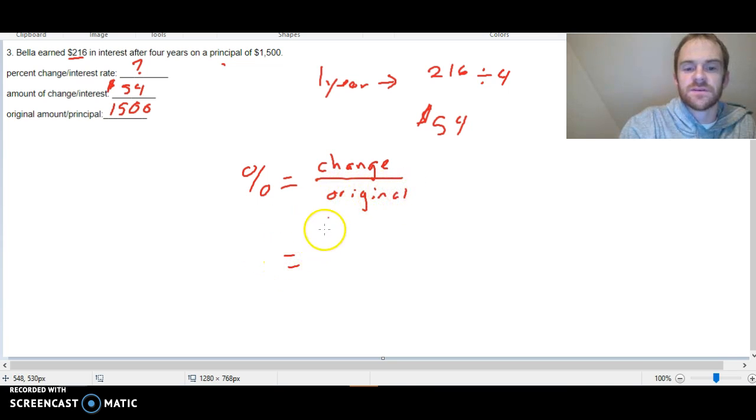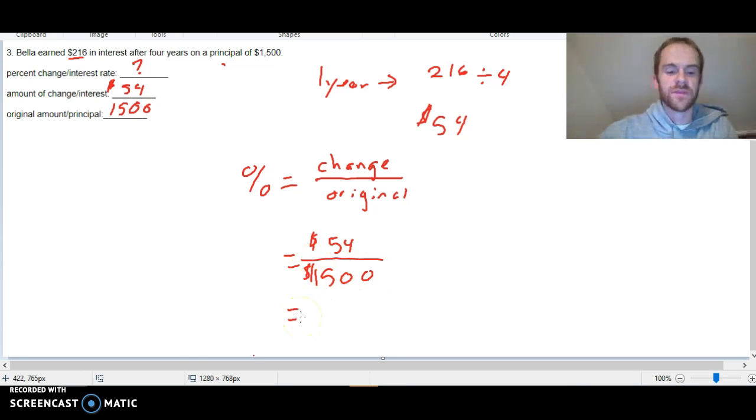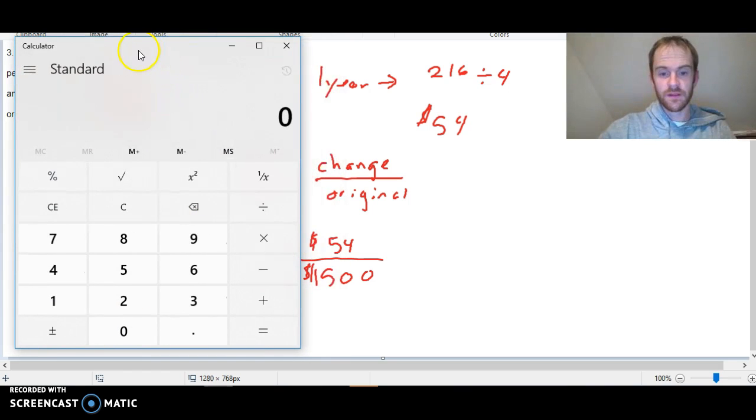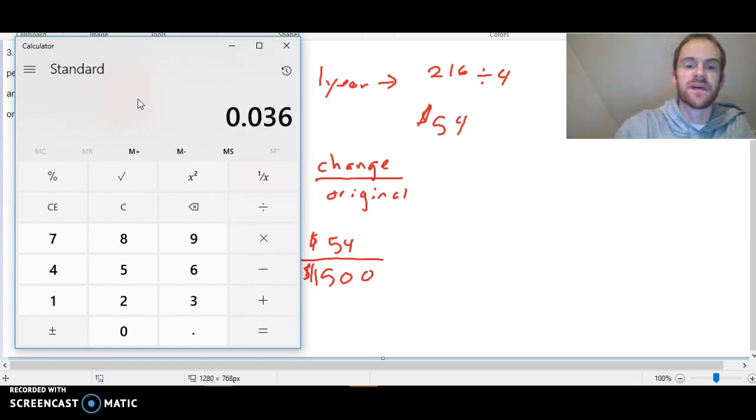Okay, so I plug in my numbers. My change was $54. My original amount was $1,500. I use my calculator, and 54 divided by 1,500, whatever I get as an answer, that is my interest rate.